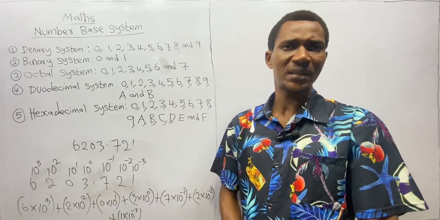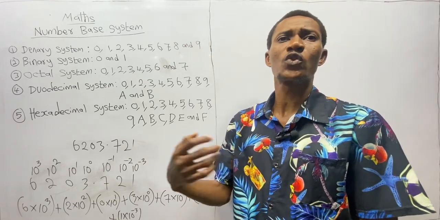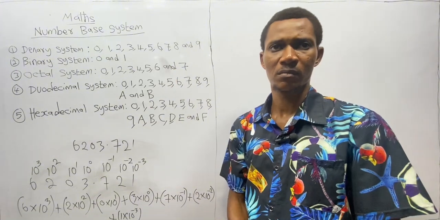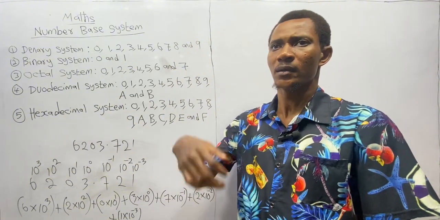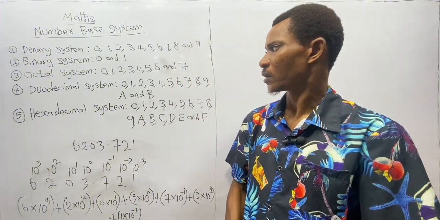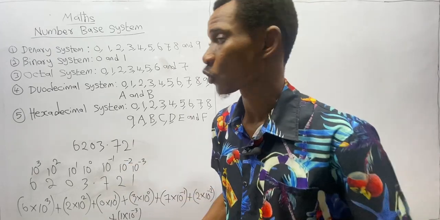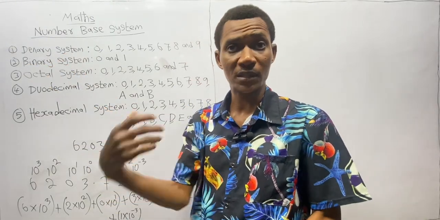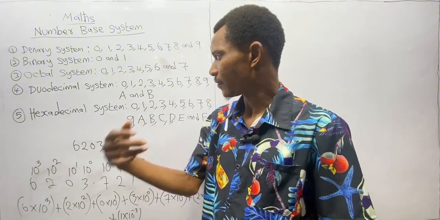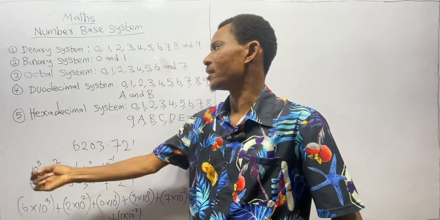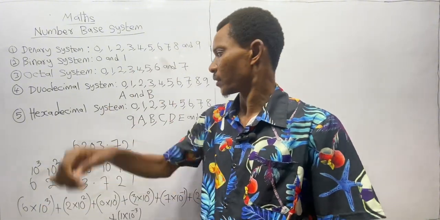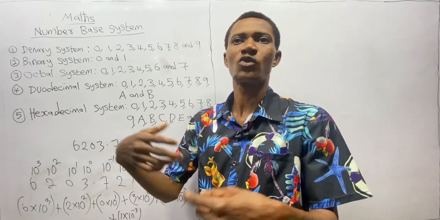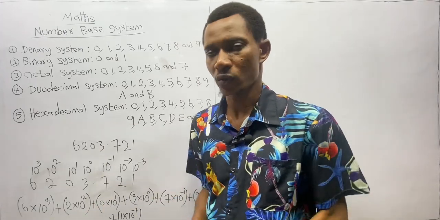So apart from base 10, we also have other bases like base 2, and that base 2 is also called the binary system. We also have base 3, base 4, base 5, base 6, base 8, base 12, base 16, and so on and so forth.